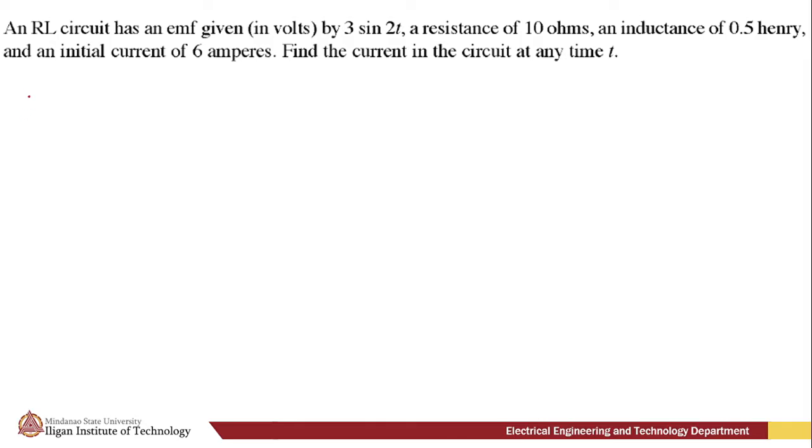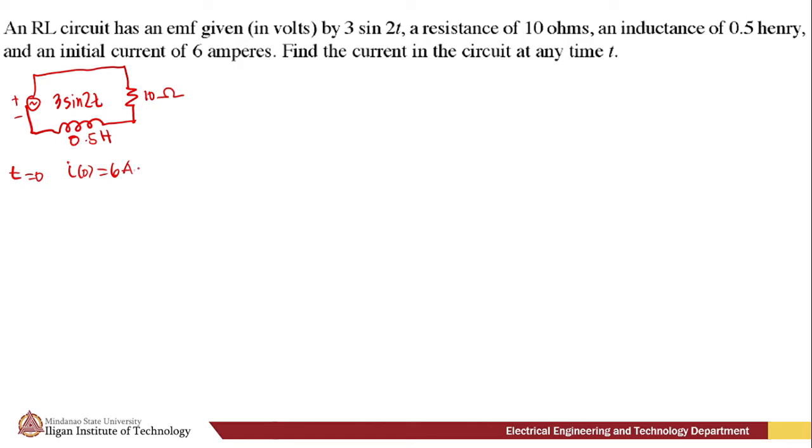Our circuit has the voltage source 3 sine 2t, the resistor of 10 ohms, and the inductance of 0.5 henry. Based on the problem, at t equals 0, our current is 6 amperes.